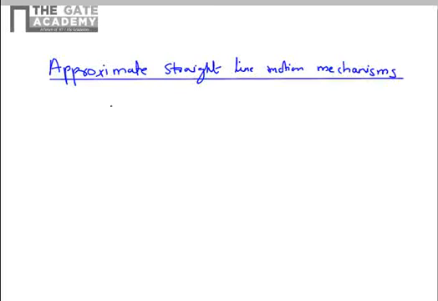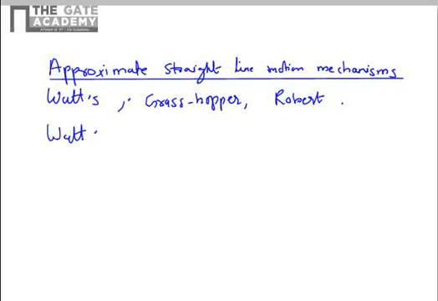The second category of the straight line motion mechanism is the approximate straight line motion mechanisms. In this category, we have the Watt's mechanism, the Grasshopper mechanism, and the Roberts mechanism. So first we consider the Watt's mechanism. I'll draw a sketch for you.